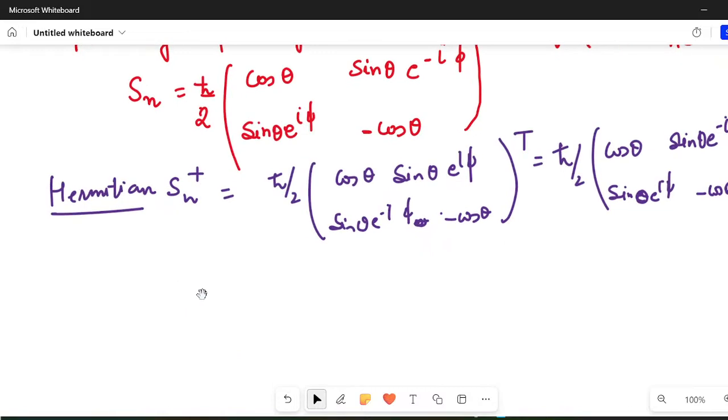Now we want to calculate the eigenvalues. So what would be the eigenvalues?